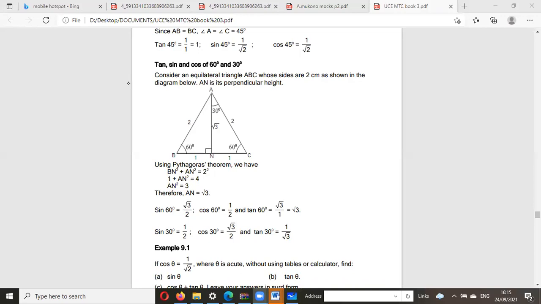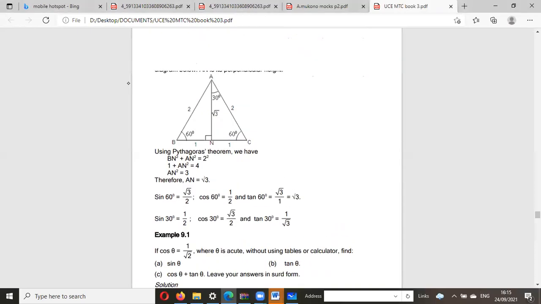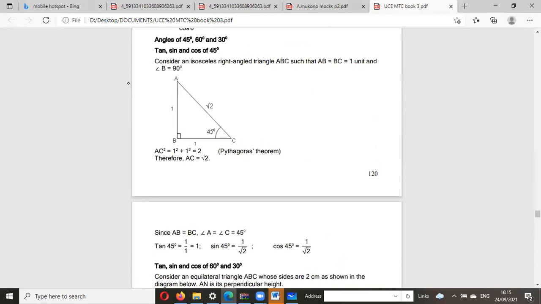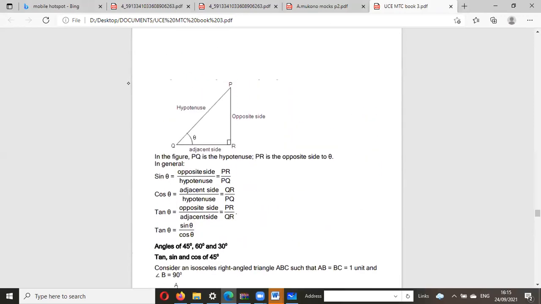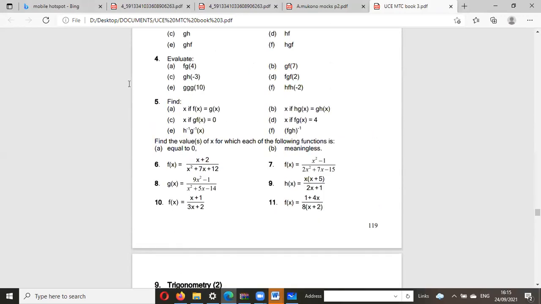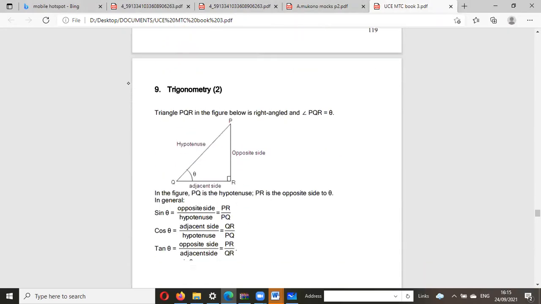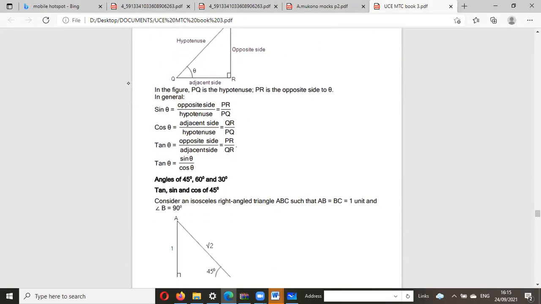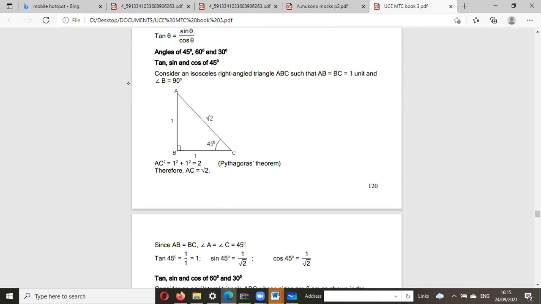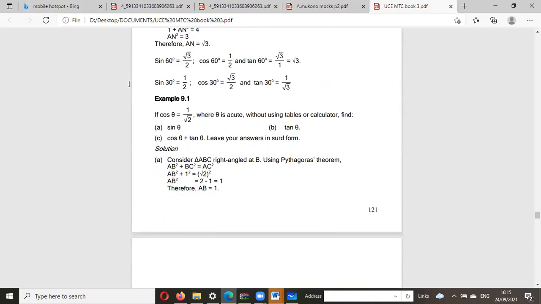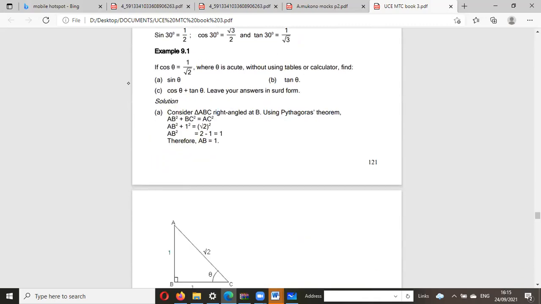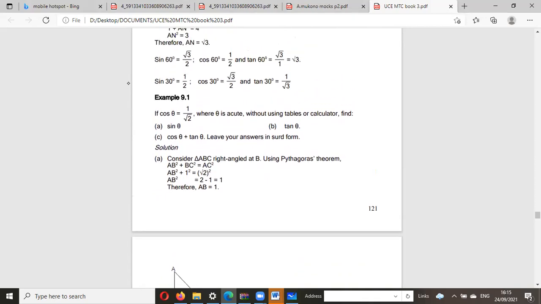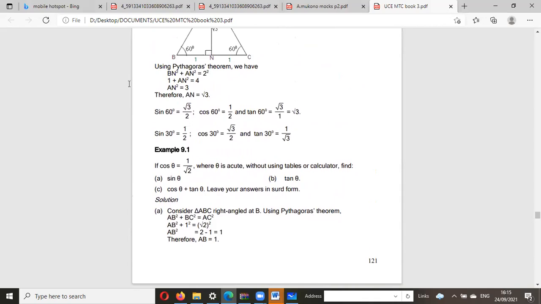Now we are understood. You're going to try for me this one. And try for me this one. Very simple but tricky. That's why I'm saying tricky. Do for me example 1.